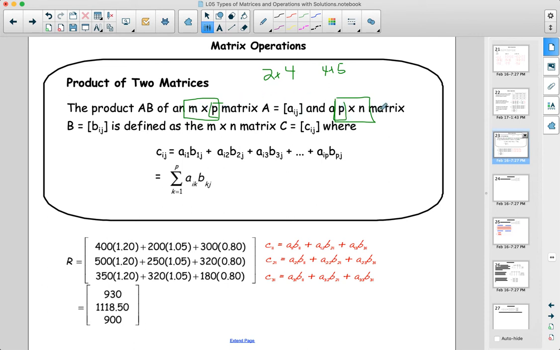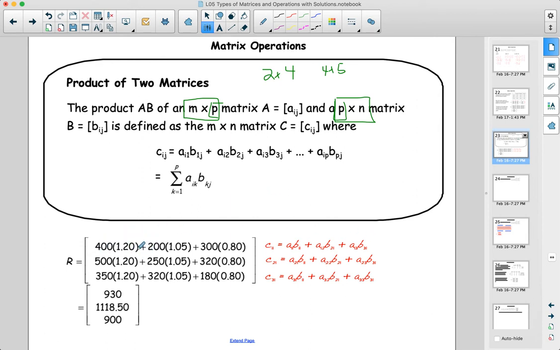And this is how you multiply them together. You're going to create a new matrix, which is C, and this is how you obtain a single element in C. So what is element Cij? It would be Ai1 B1j, plus Ai2 B2j, plus Ai3 B3j, and so on.